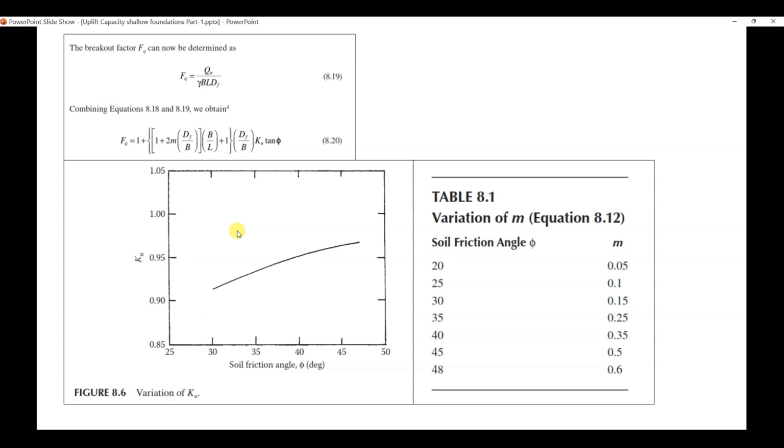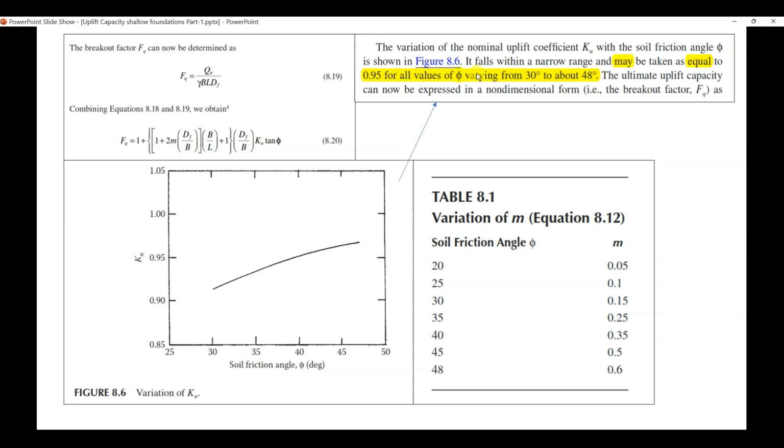However, Das says that the variation of the nominal uplift coefficient Ku with the soil friction angle phi is shown here. It falls within a narrow range and may be taken as equal to 0.95 for all values of phi varying from 30 degrees to about 48 degrees. So he makes it easier for us that for 30 to 48 degrees, we can comfortably consider the value to be 0.95 rather than taking out the data from this graph.